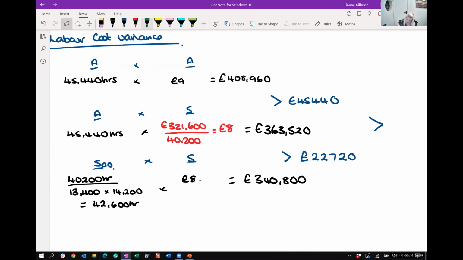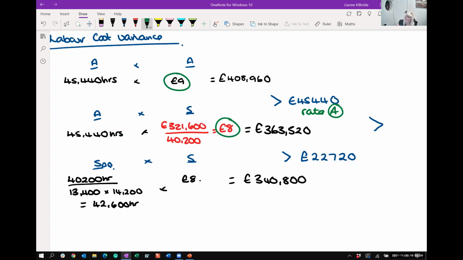So let's have a look at the difference. We want to compare the rate first. We've spent more than what we wanted, so the labour rate therefore is adverse, which we've already established in the question, but this is the one we needed to work out whether it was adverse or favourable.